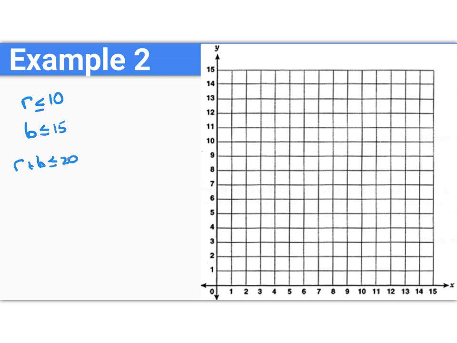So we're going to say x is R and y is B. And so when we go to graph this, B is less than or equal to negative R plus 20. And so when R is 0, B is 20. And so let's graph it.